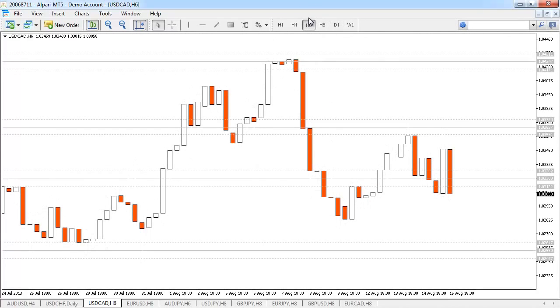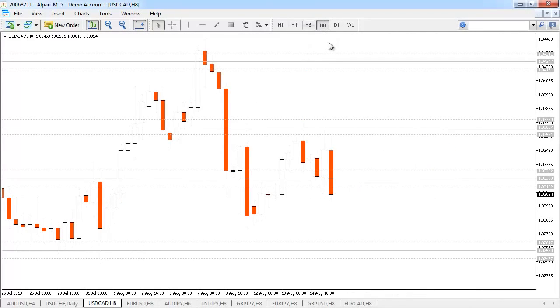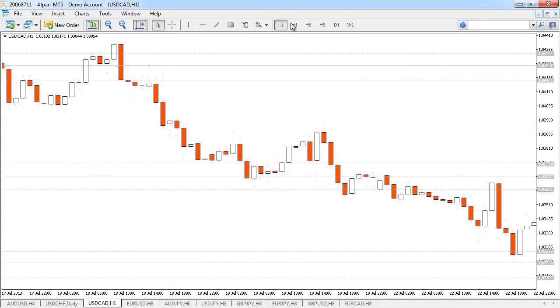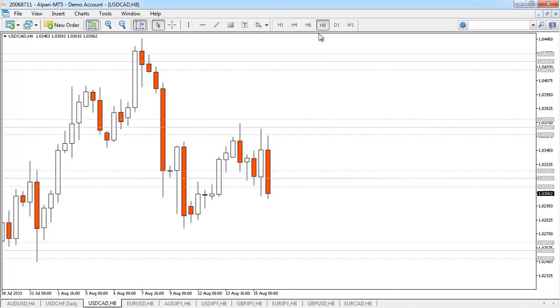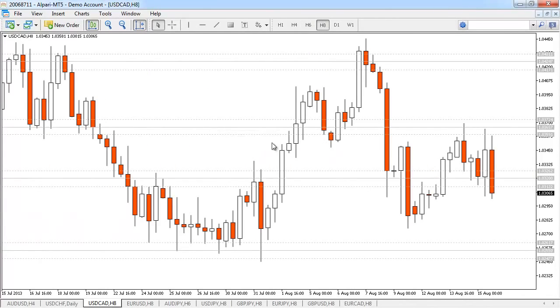If you jump down to the 6 hour, you're probably going to see the trade that I'm seeing on the 8 hour. You'll probably see it on the 6 hour or the 4 hour or a smaller time frame. So sometimes your charts are going to look slightly different, but it's no big deal.